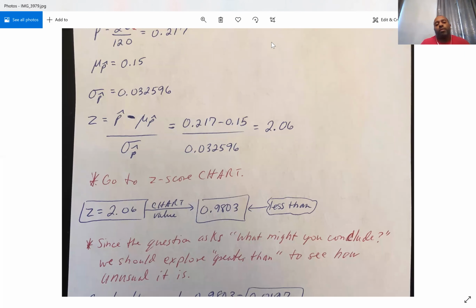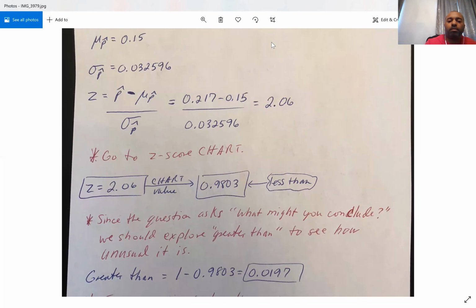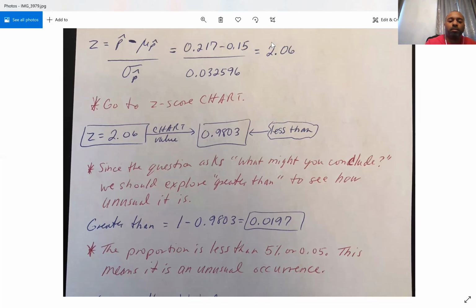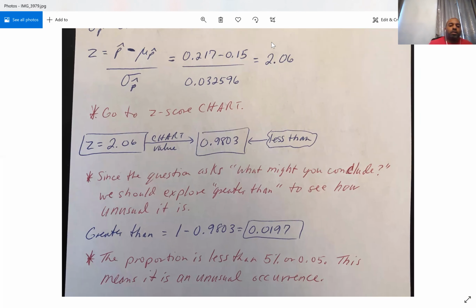All right, so in the red we see here, since the question asks what might you conclude, we should explore greater than to see how unusual this proportion is. So 1 minus the 0.9803, that chart value, will give us 0.0197.